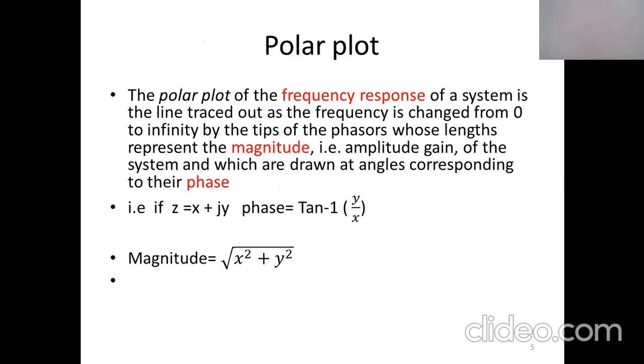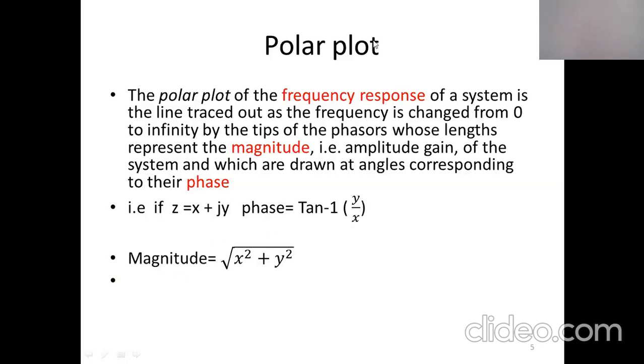If you have a complex number Z equals X plus jY, then the phase is the tan inverse of the Y component over the X component, and the magnitude is the square root of X squared plus Y squared.